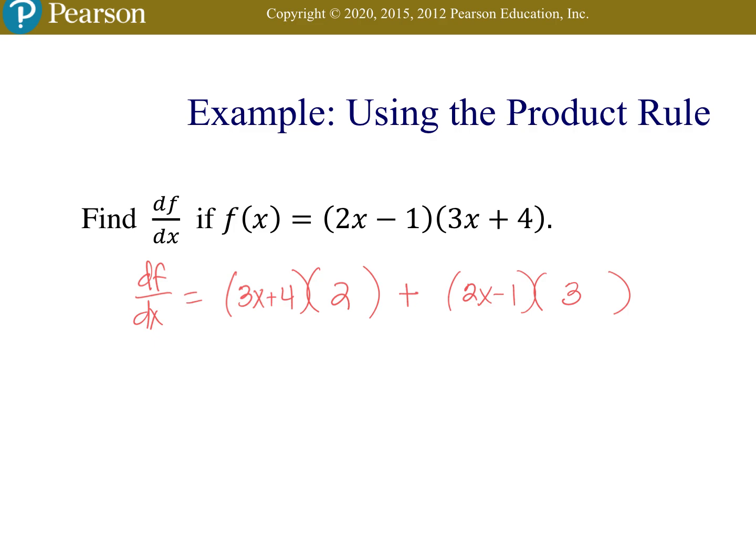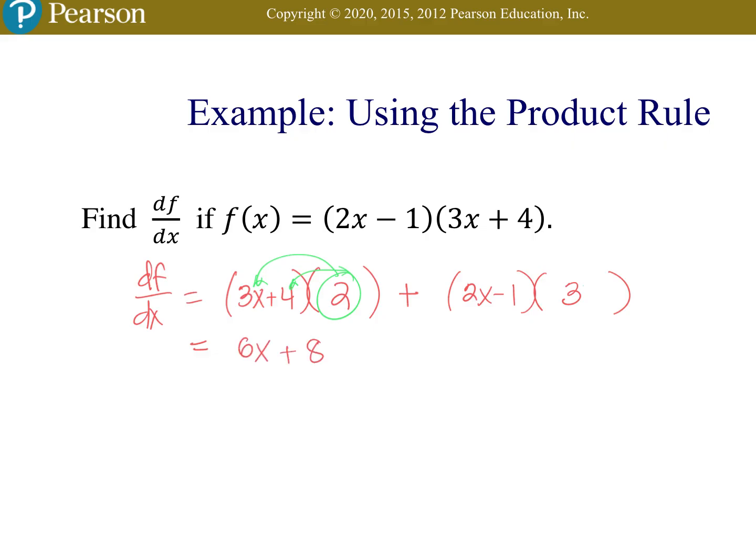In this class, you don't ever have to prove the product rule. If you stick with me for Calc BC, or you end up taking Calc 2 in college, that'll be that level that you do that. And then you just have to clean it up. So what will I do with this number 2 that's sitting here? Distribute it. So I'm going to distribute it, and I'll end up with 6x plus 8.